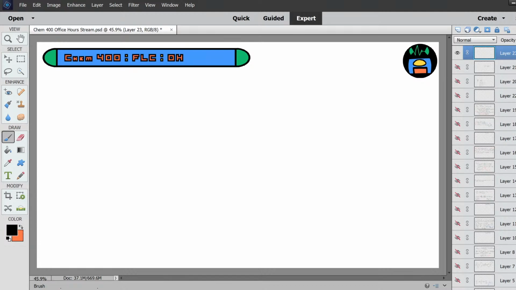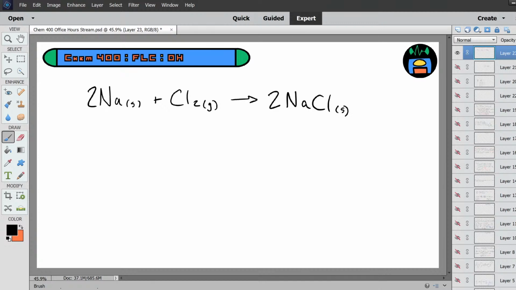If an element is by itself with no charge, like in this chemical reaction, you've got to remember the 4 rules for determining oxidation states are like a flow chart. You first go to the first one, then bounce to the second, then the third, then the fourth.